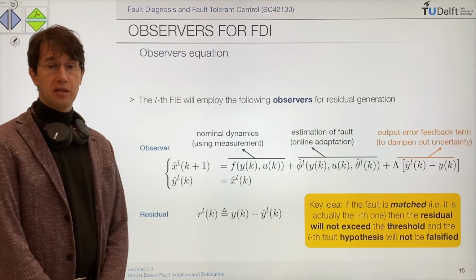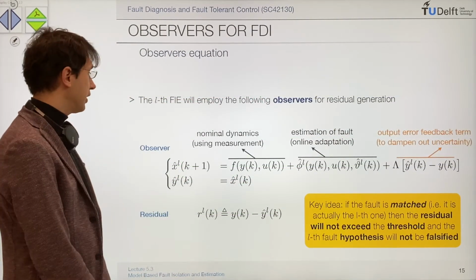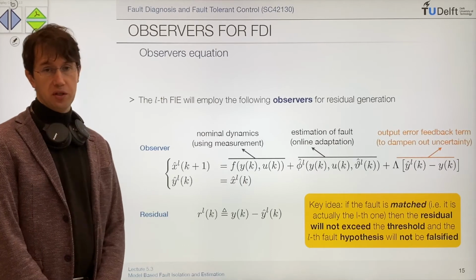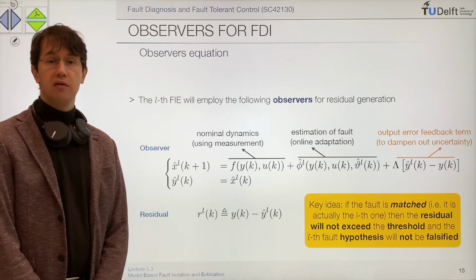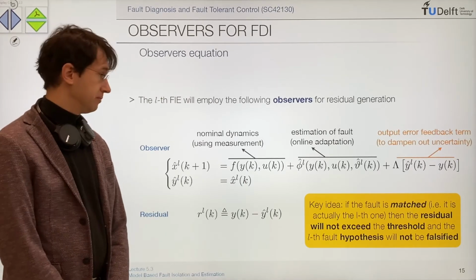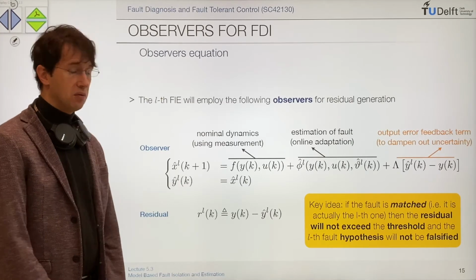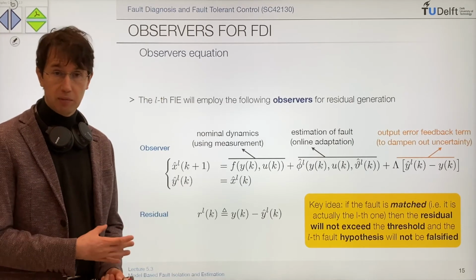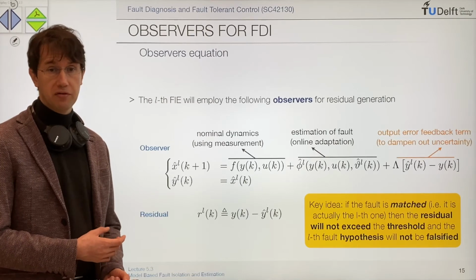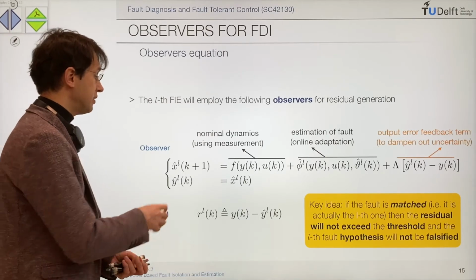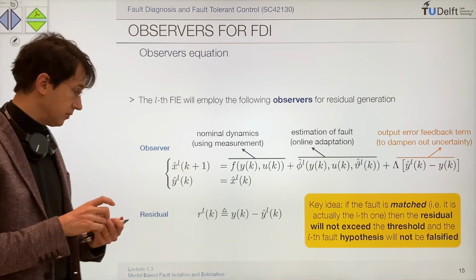So having made our assumptions and our definitions, we can now introduce the equations for the observers for fault isolation and estimation. So what is inside the green blocks that we presented before, the FIE? We have estimators like these ones.